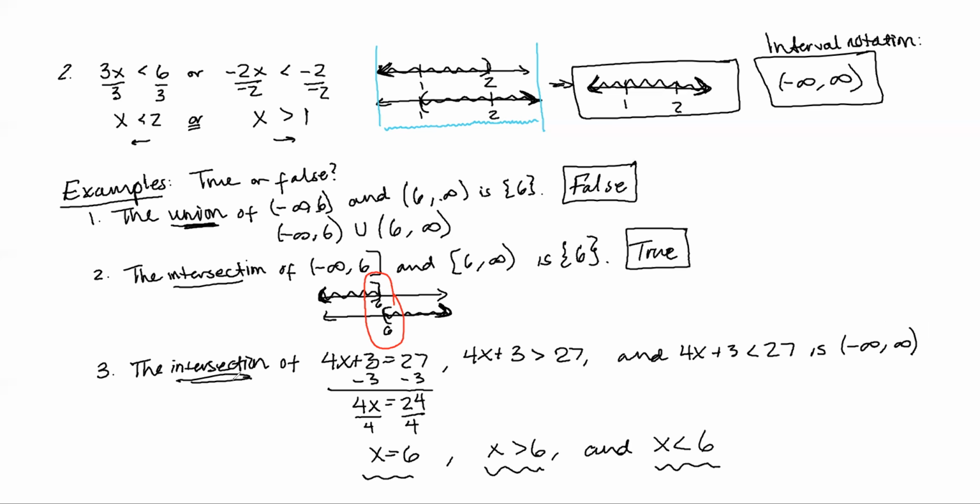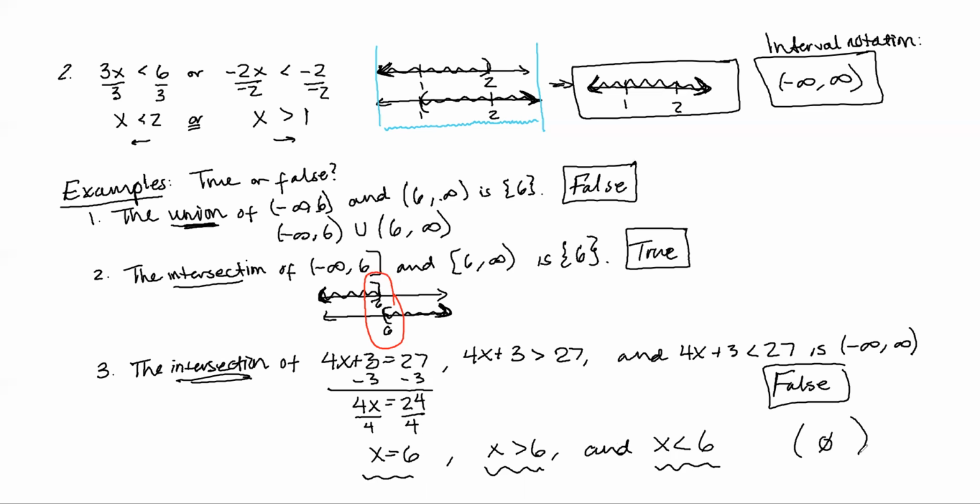The intersection here, though, is the empty set because this one says x is equal to 6, but 6 is not included in either one of these, which means they can't have an intersection. So this is false. The actual solution is the empty set. So I'll just put that in parentheses because we were just asked true or false.